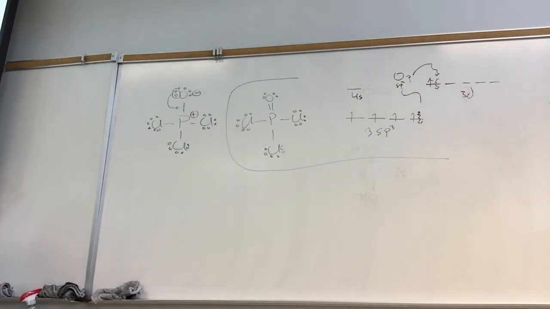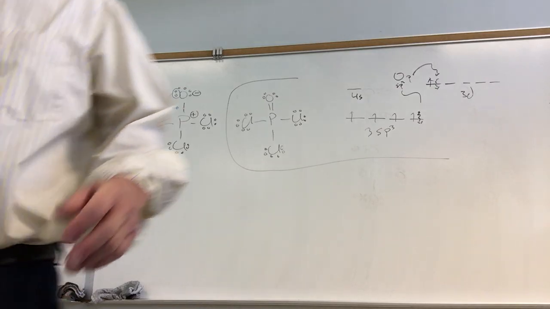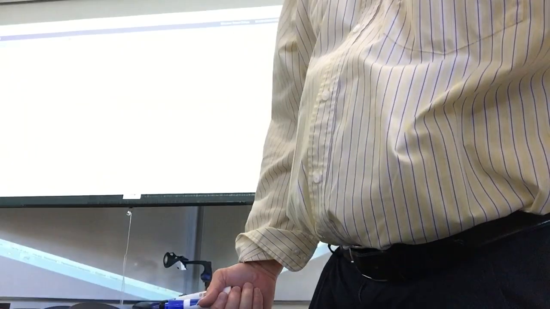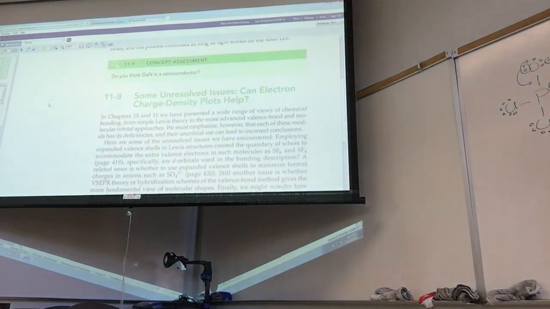All right, and so this is what we call an expanded octet. There are 2 reasons that we expand the octet. One is to minimize formal charge, and the other is to see other reason for expanding octet.